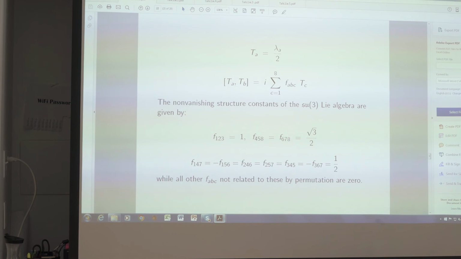If you go to Wikipedia and look at Gell-Mann matrices, you'll be able to find this. I borrowed these results from Wikipedia. I could have gone to Scholarpedia, but I just chose the simplest thing.